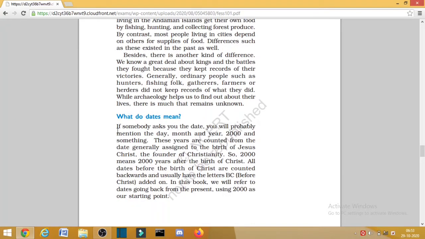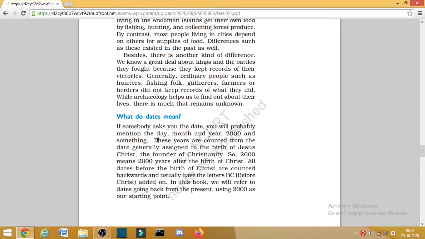Now let us see what dates mean. Here you will find BC and AD, which I will explain after the end of this part of the chapter. If somebody asks you the date, you will probably mention the day, month, and year, 2000 and something like that.